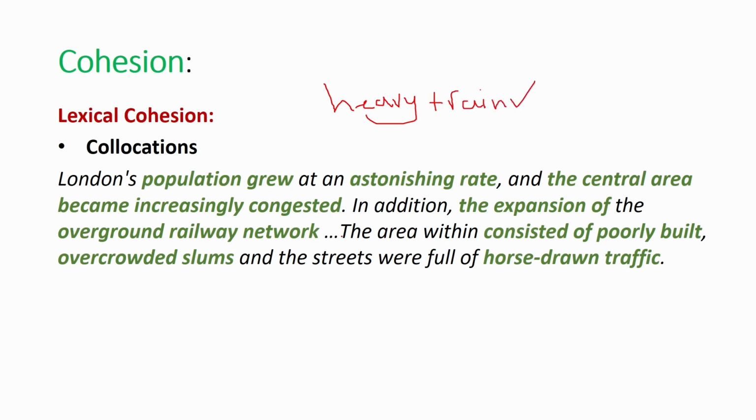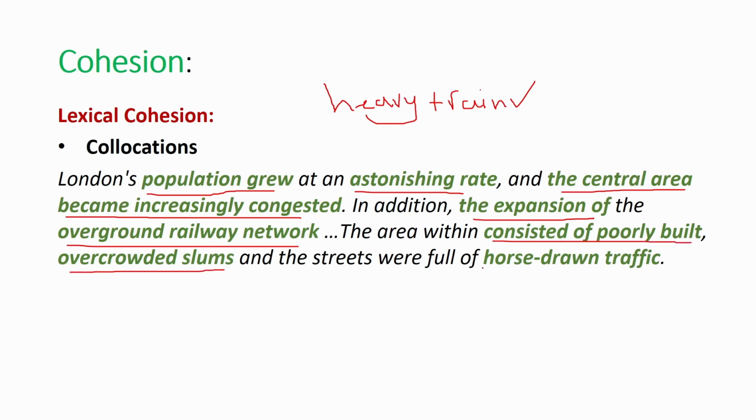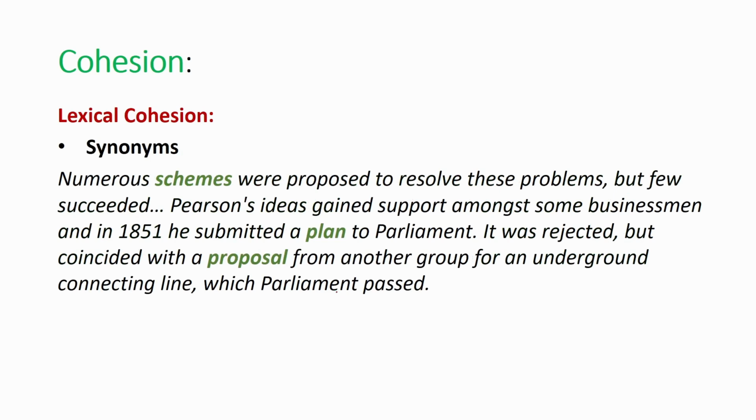In this paragraph that I've chosen from the text, we have good collocations: population grew, astonishing rate, the central area became increasingly congested, the expansion of overground railway network, consisted of poorly built, overcrowded slums, and horse-drawn traffic. And if you've noticed, all of these words are somehow connected in terms of meaning and contribute to the main topic of the paragraph. Now, the second part is synonyms.